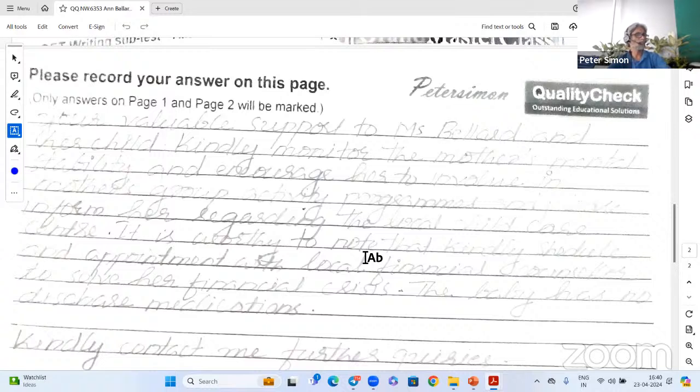Kindly schedule an appointment with a local financial counselor. Either you write "it is worthy to note that" or "kindly schedule", you can use any one.